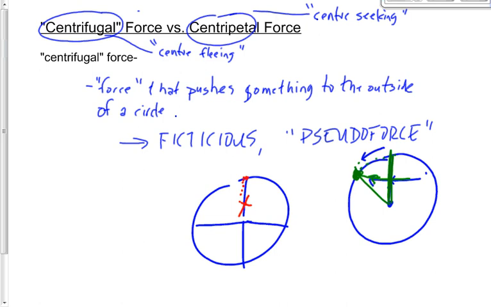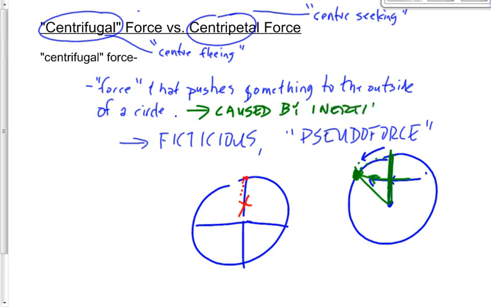Does that make sense? If I ask you to define centrifugal force, somewhere in there, you better put the term fictitious or fictional or fake or pseudo force that pushes you to the outside of the circle. It's caused by inertia.